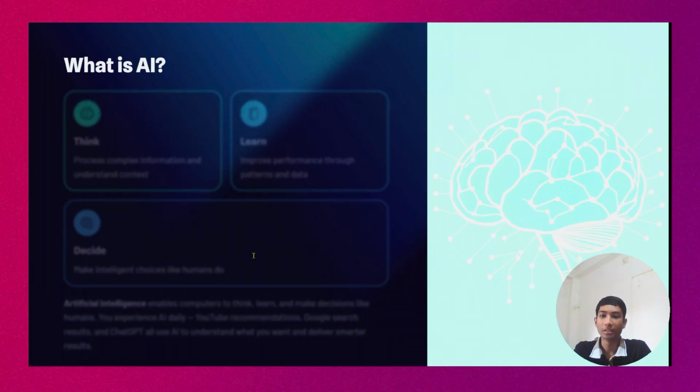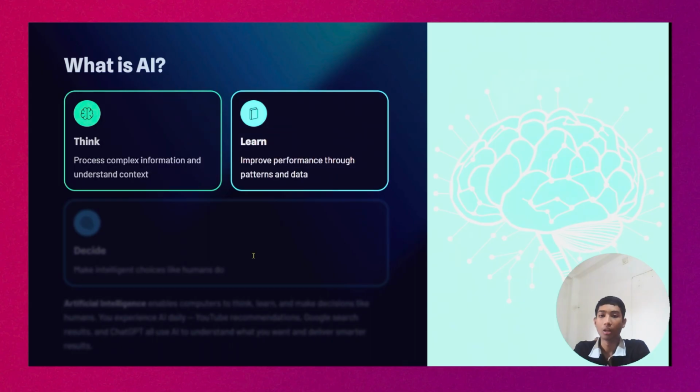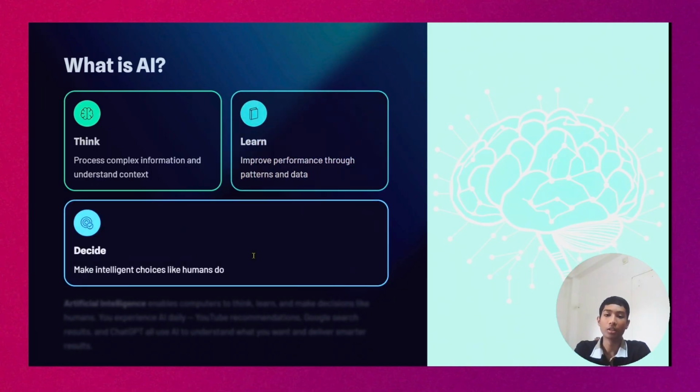Okay, let's see what is AI in deep enough detail. It's a kind of thing that could think, process complex information, and understand context. It's like a human, okay? Also, it could learn. It improves performance through patterns and data. It means when we give it data and patterns, it learns from them and performs according to that.